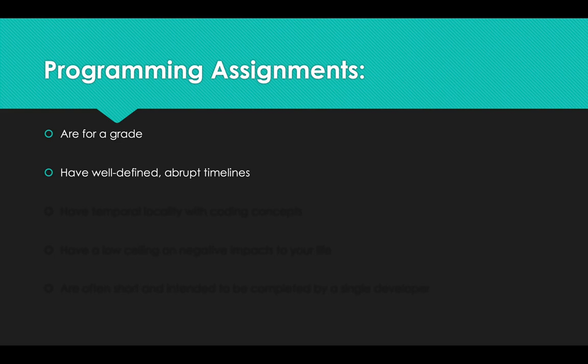Also, these things have really well-defined and kind of abrupt timelines. So you get a rubric. The rubric says you have to use XYZ library in order to read in a string and parse that string and do these 6 tasks. And by the way, you have to have it done in 2.5 weeks, and that's kind of it.